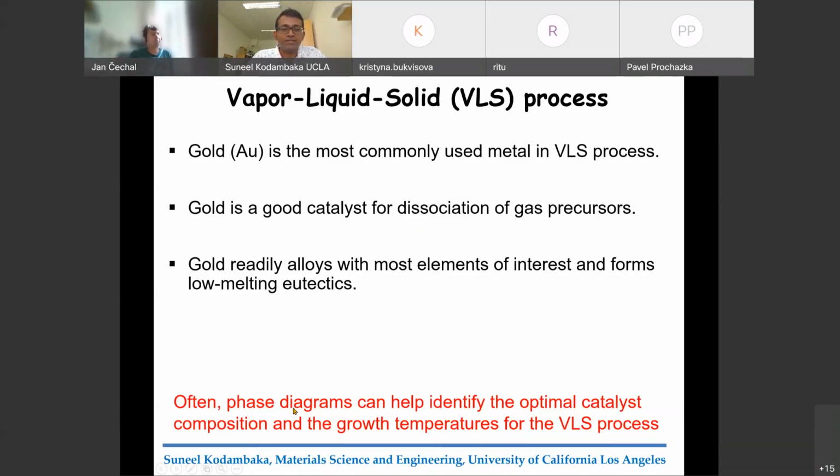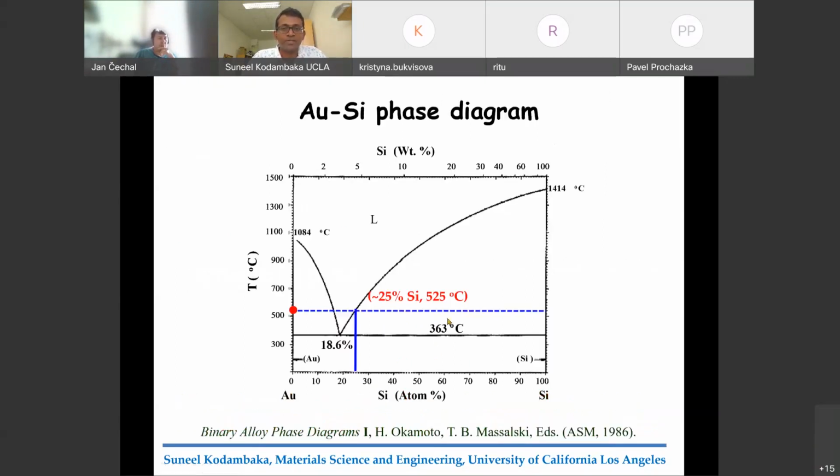And one of the things for people that are interested in doing nanowires or any materials is that phase diagrams can often help identify the right candidates that can form the right alloy for a given approach, a given process. So if we take the silicon nanowires that we are interested in growing and using gold as a catalyst, this is a binary phase diagram that shows that with about 18% of silicon, you form a low melting eutectic.